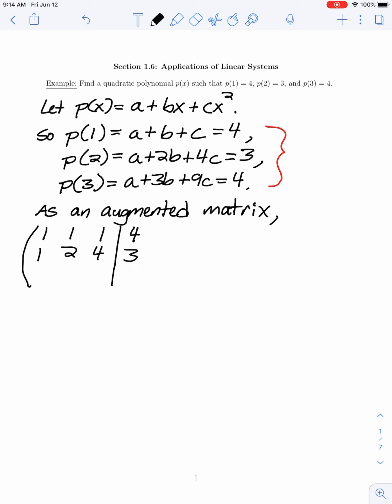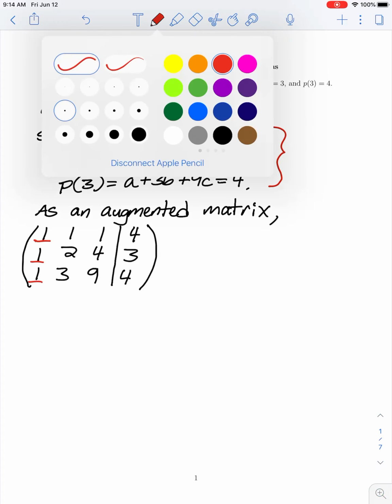And for our third equation, we have 1a plus 3b plus 9c equals 4. We want to solve this system by performing row reduction on this matrix to put it in row-echelon or reduced row-echelon form. Starting with our first row, we have a lead entry of 1, and we're going to use that pivot to kill off the 1 entries in the lead coefficients of our second and third rows.